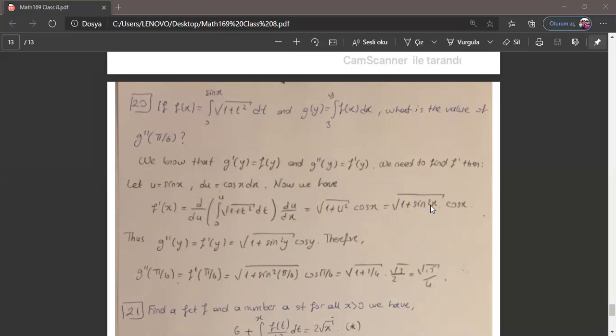Instead of u, we write sine x, so we get sine squared there. Okay, so g prime is f prime. So here we have f prime of x. Instead of x, we write y and get this. Now we need to compute the value of g2 prime at pi over 6. Instead of y, we write pi over 6 and get this. The computational part is easy.